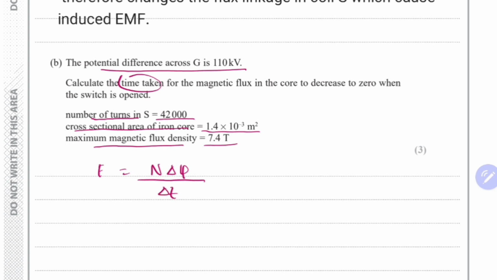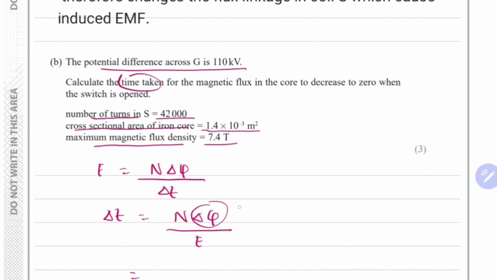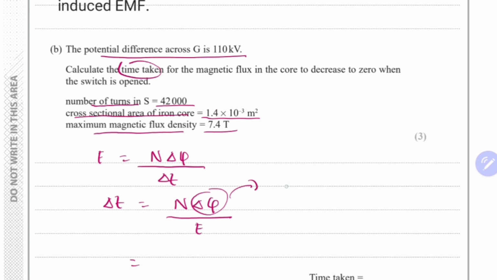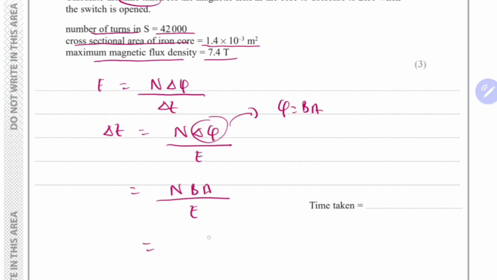We need to find time, so delta t equals N delta phi divided by E. As we do not have delta phi here, we're going to use a different formula. There's a formula for phi, which is BA. We're going to use it here, so BA divided by E.